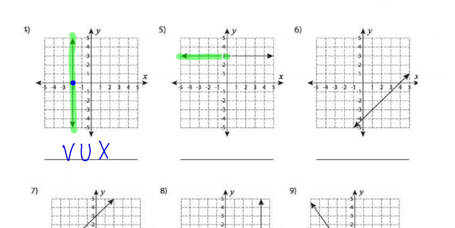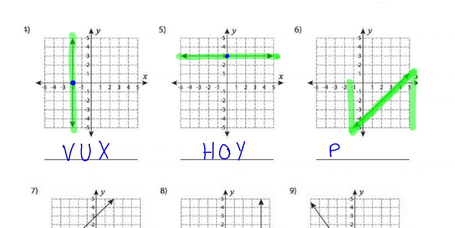Number 5. It's a horizontal line, so this one is a HOI. Horizontal line, zero slope, Y-intercept at 3. This one, if I go from left to right, goes up. It also does not make the letter N, so this is a positive.